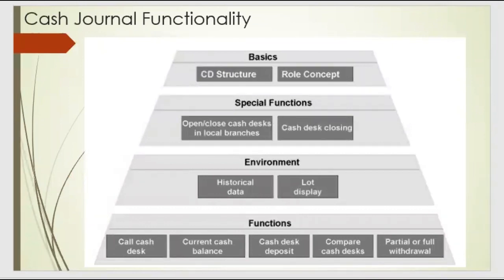Now, cash desks or cash journals are the places where the collection actually happens physically. That means there are some persons available manually there who maintain the details like the historical data, the lot display, who all need to pay, and special functions, like they need to check the open and close items.